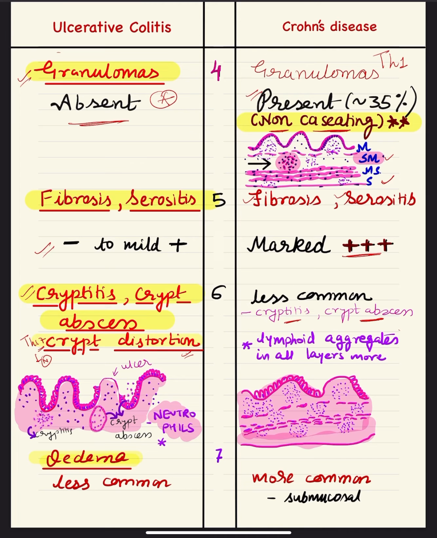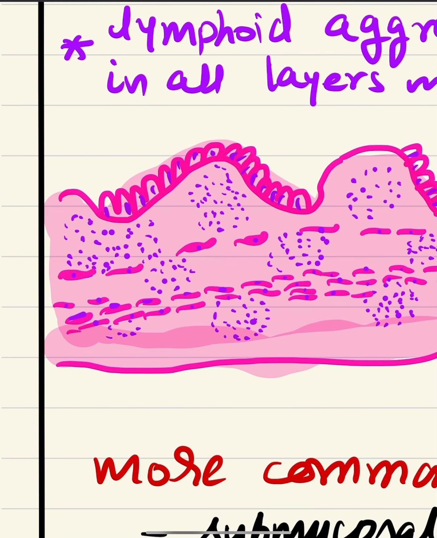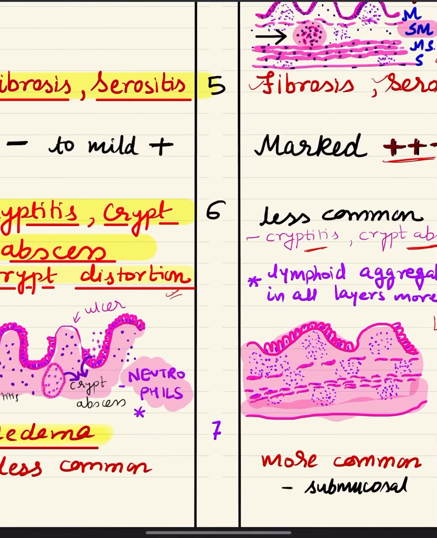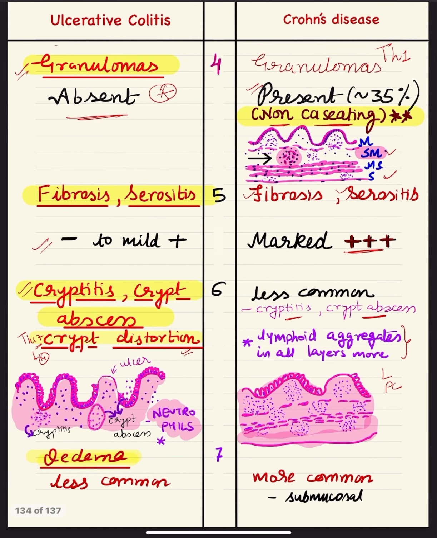Rather, we find mononuclear cell aggregates, basically lymphocytes and plasma cells, which will be seen in all the layers of the intestine. And you can note that in these images I have also shown the ulcerations. This is the area where the epithelium is absent. This is an ulcerated area. So these are again the important points of differences in microscopy.